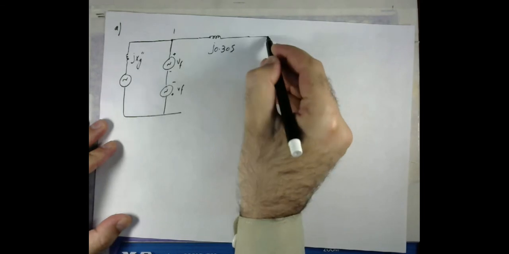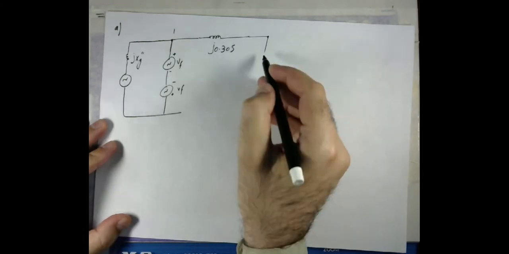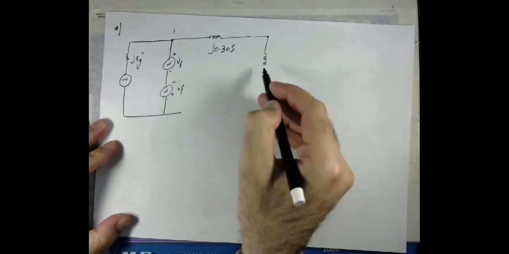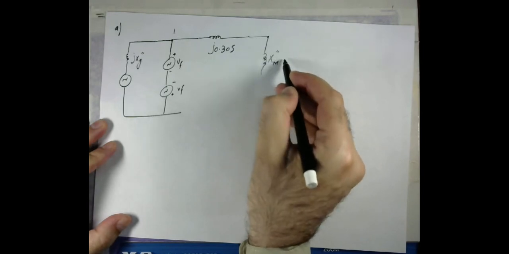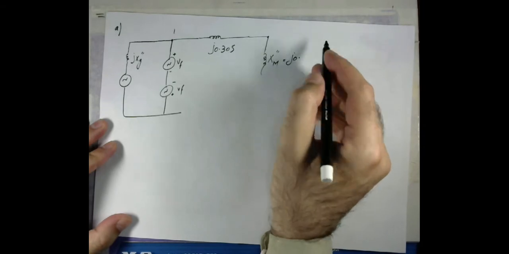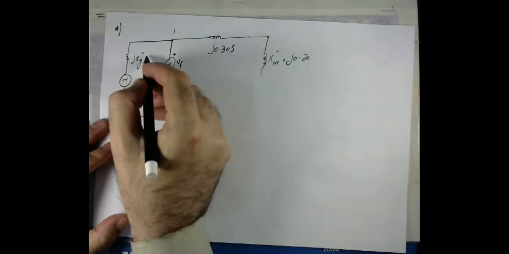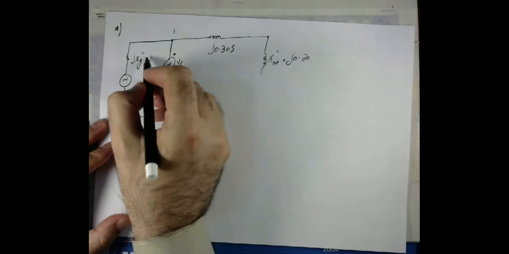And then we have bus number 2, and that is the subtransient reactance of the motor, equal to J 0.20, and this is equal to J 0.15.